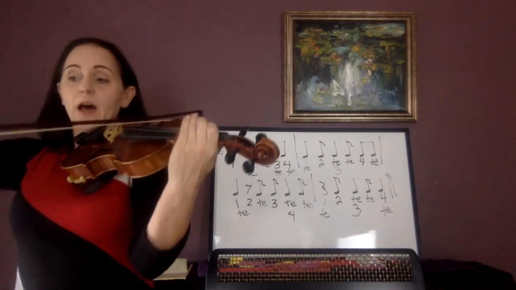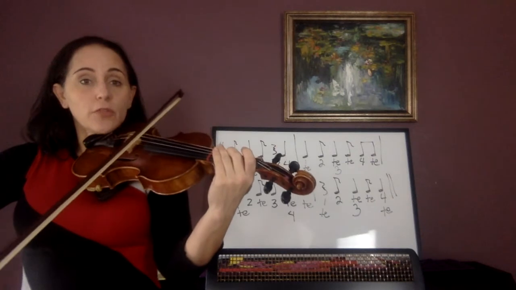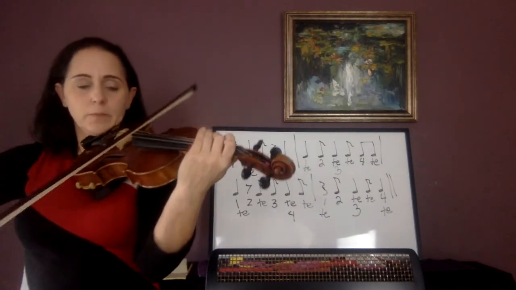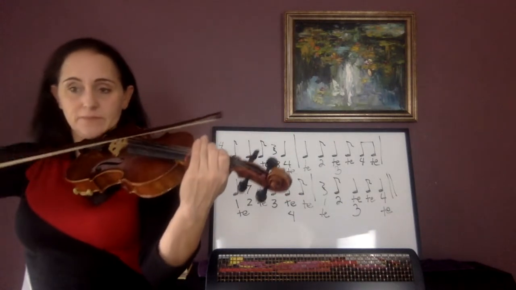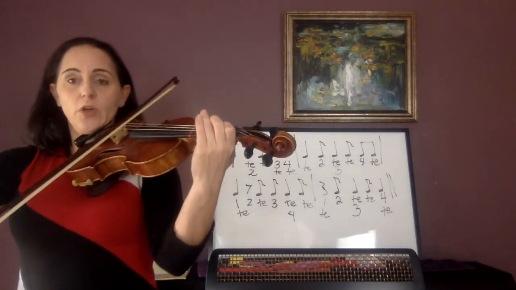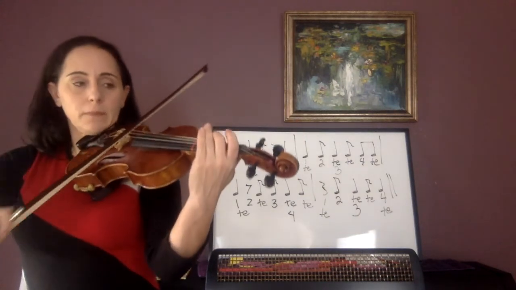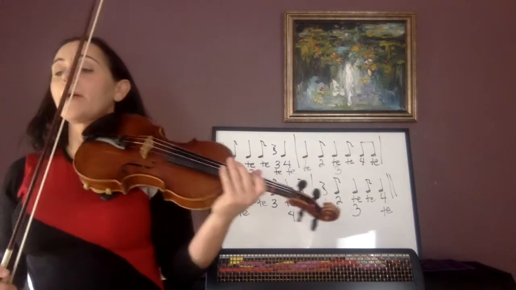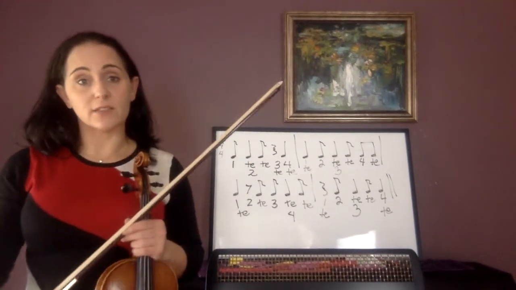Down, up. 1, 2, 3, 4. 1, te, 2, te, 3, te, and lift. 2, 3, 4. Okay, now I would suggest that right now you pause and practice on your own.